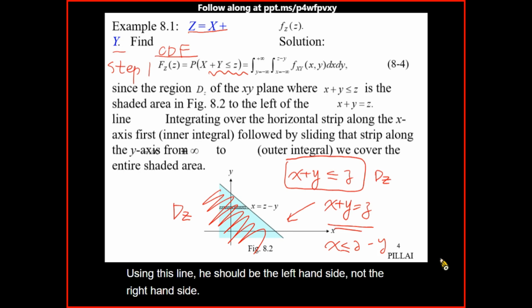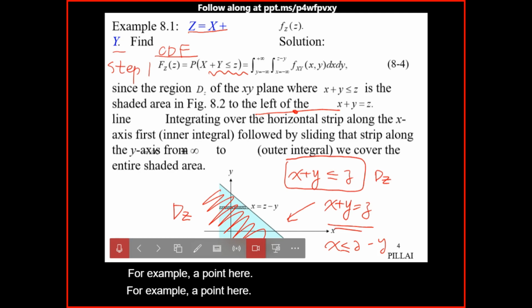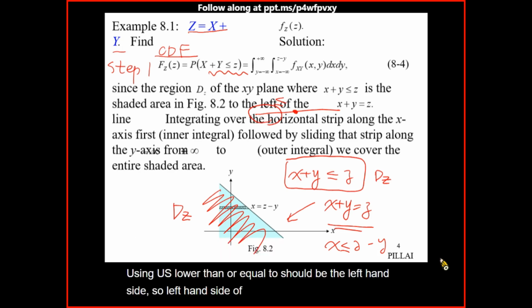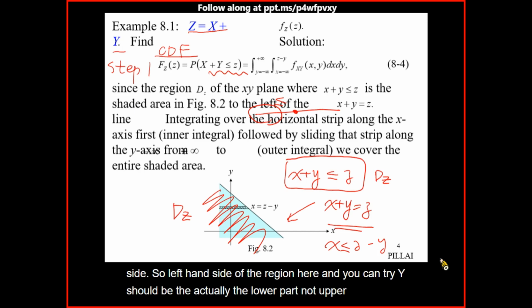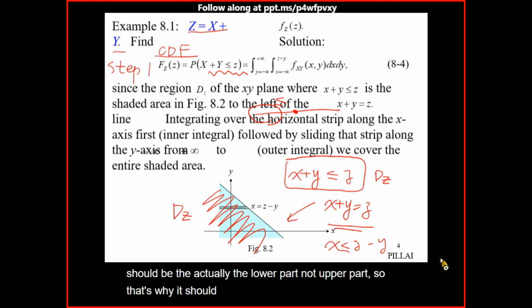For example, for a point here, X lower than or equal to should be the left-hand side, so the region here. And Y should actually be the lower part, not the upper part. That's why it should be the region here. Is it okay?